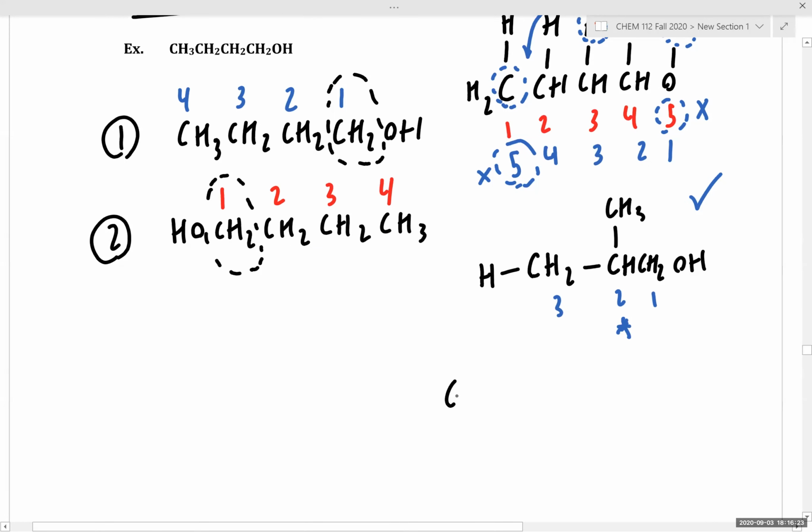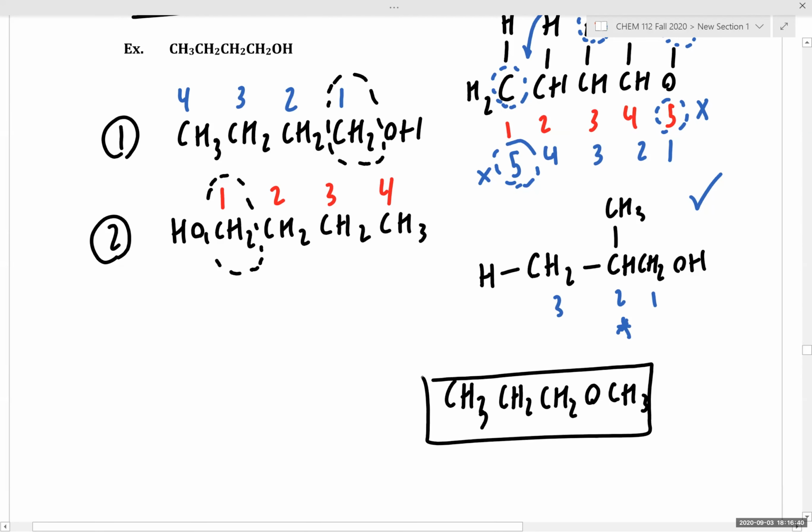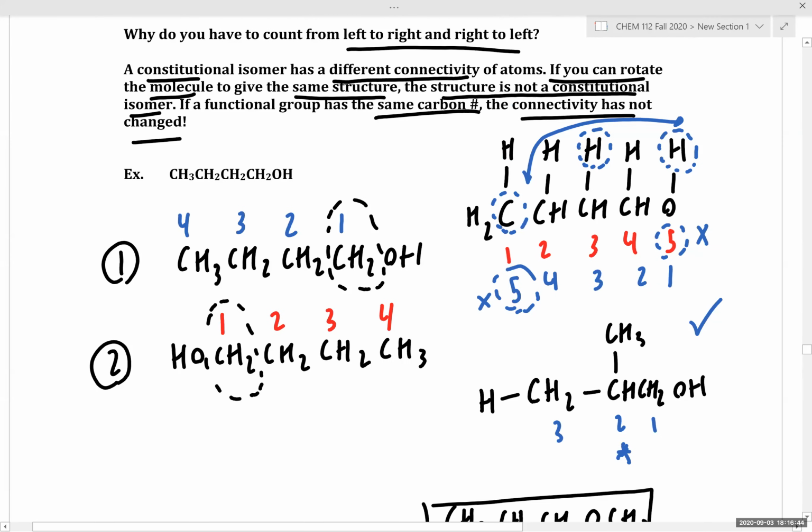So in one example of a constitutional isomer, we have CH3, CH2, CH2, O, CH3. In this case, we've generated an entirely new arrangement of atoms by swapping a hydrogen and our carbon.